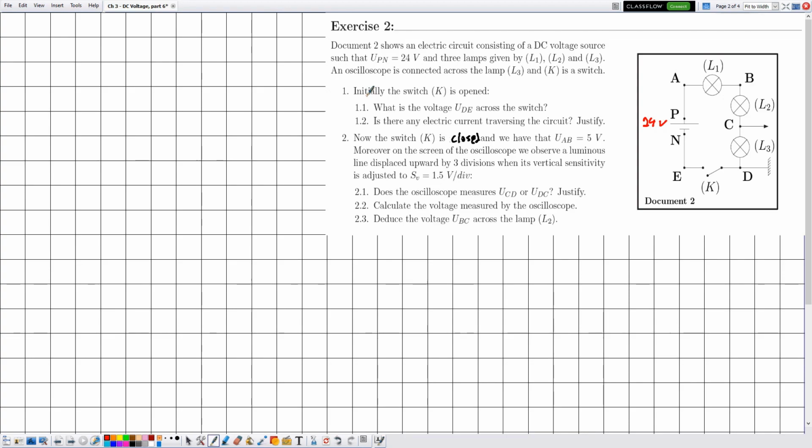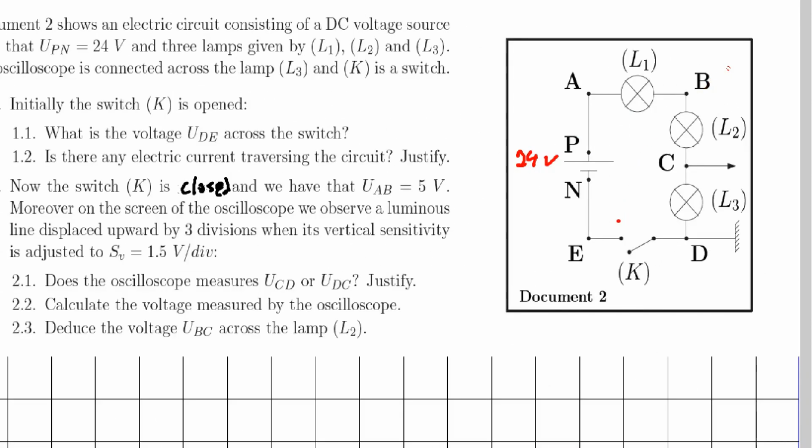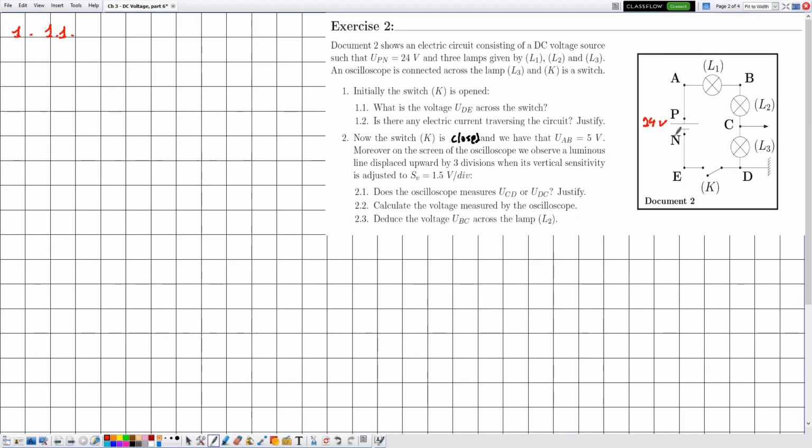Now number 1, they are telling me initially the switch K is opened. Now in 1.1, they are telling me what's the voltage UDE across the switch. So notice that K is an open switch that is in series with the battery, and we know that always an open switch in series with the battery has the same voltage of the battery.